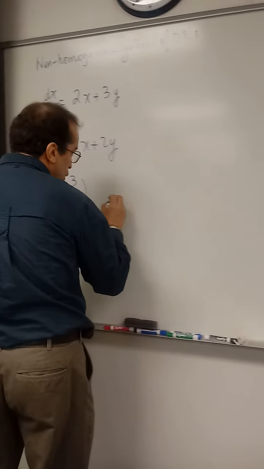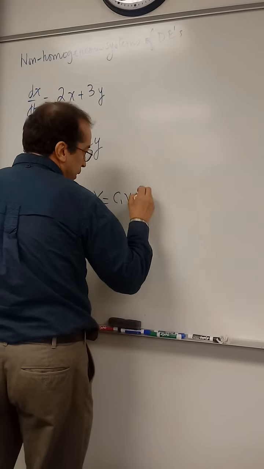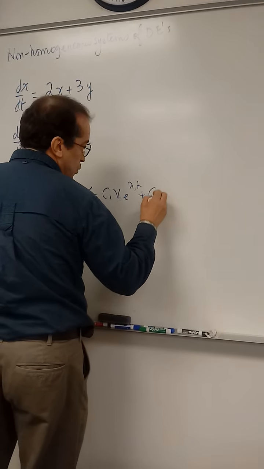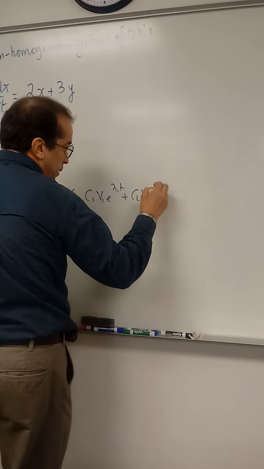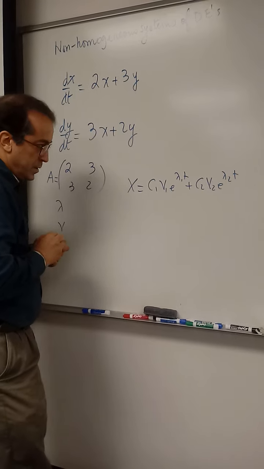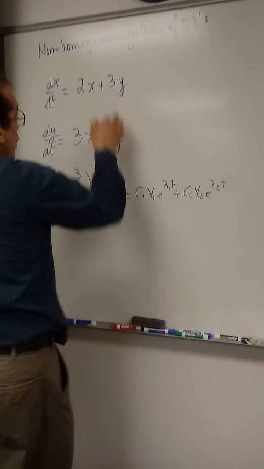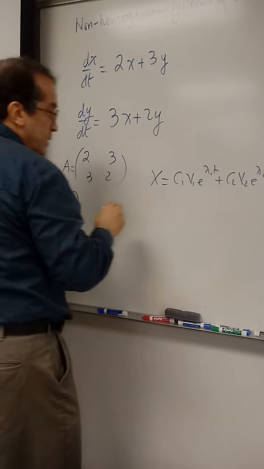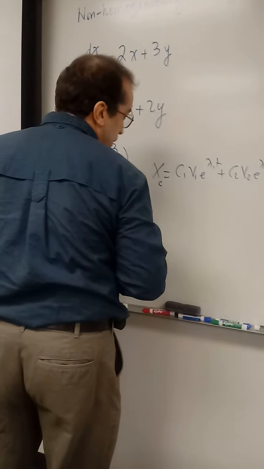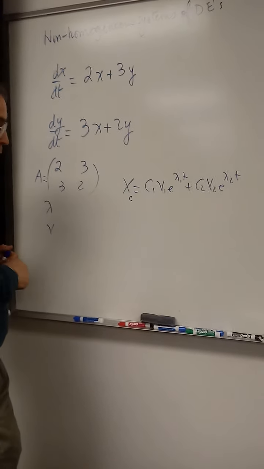The solution would be x equals c1 v1 e to the lambda 1t plus c2 v2 e to the lambda 2t, regardless of what kind of eigenvalues there are. The solution of this system here, we're going to call x sub c, the complementary solution.